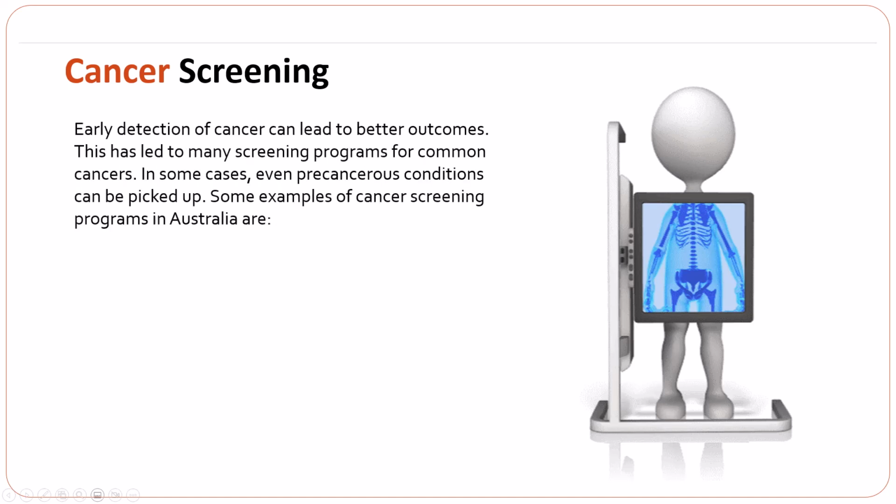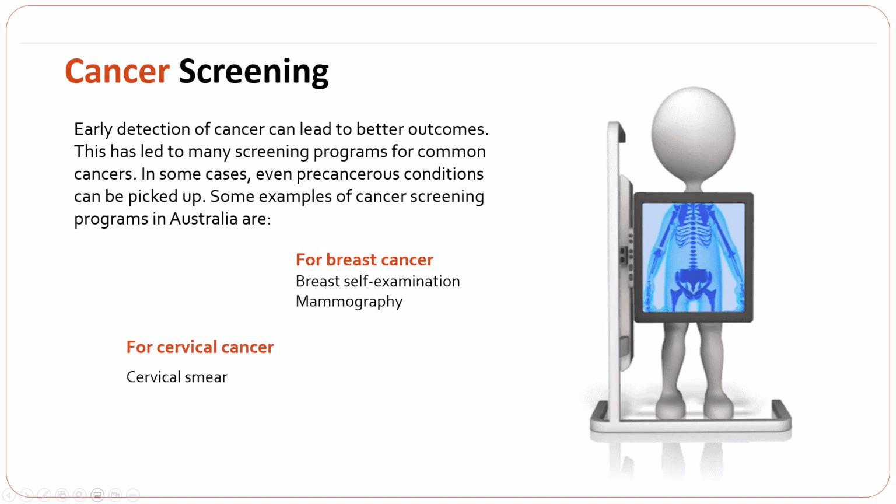Early detection of cancer can lead to better outcomes. This has led to many screening programs for common cancers. In some cases, even precancerous conditions can be picked up. Some examples of cancer programs in Australia are for breast cancer, breast self-examination and mammography; for cervical cancer, cervical smear; and for bowel cancer, regular fecal occult blood testing.